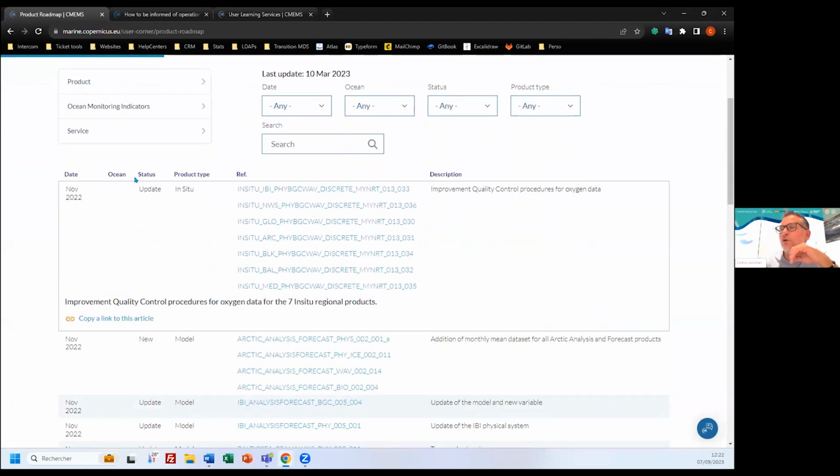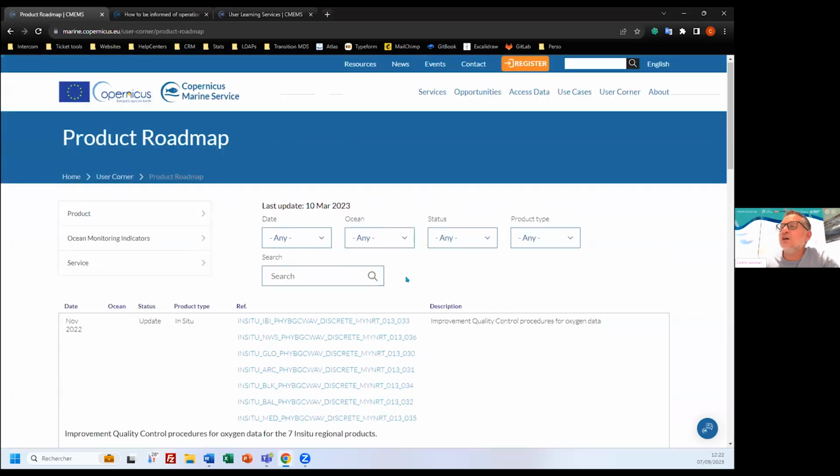So I click, for example, on the section, I have improvement, the type of improvement. So this one is improvement quality control procedure for oxygen data for the 7 in-situ regional products. So as I said before, this section is being improved. So that's why the last date available is November 2022. So it's not midterm because it's the past. So this page is being improved.